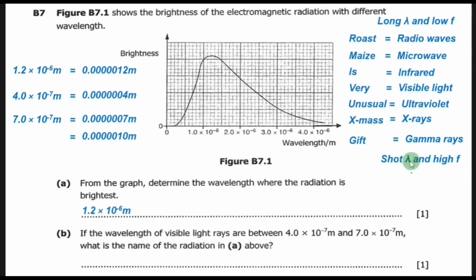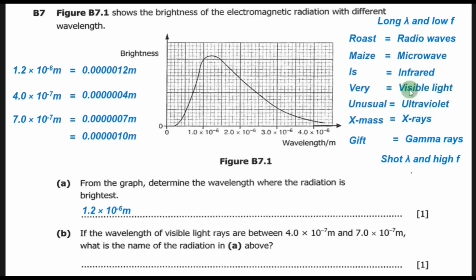So if you are here going this side, you'll be having longer wavelength. Coming this side, you'll be having shorter wavelength. So longer, shorter. So if you go here, this one must have a longer wavelength than this one. If you come this side, this one will have a shorter wavelength than this one.